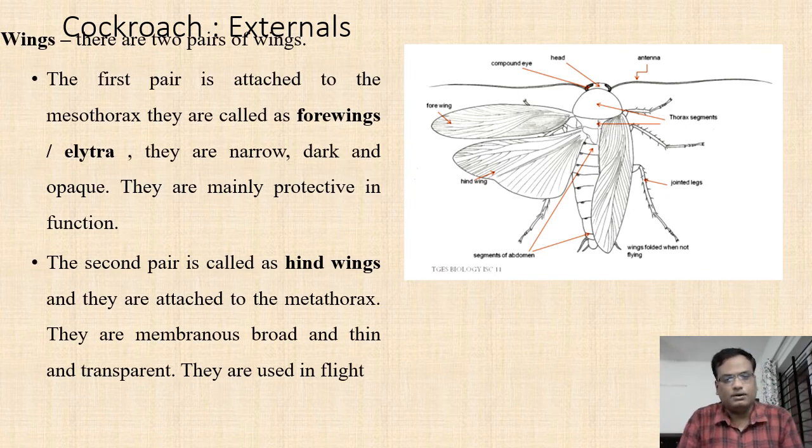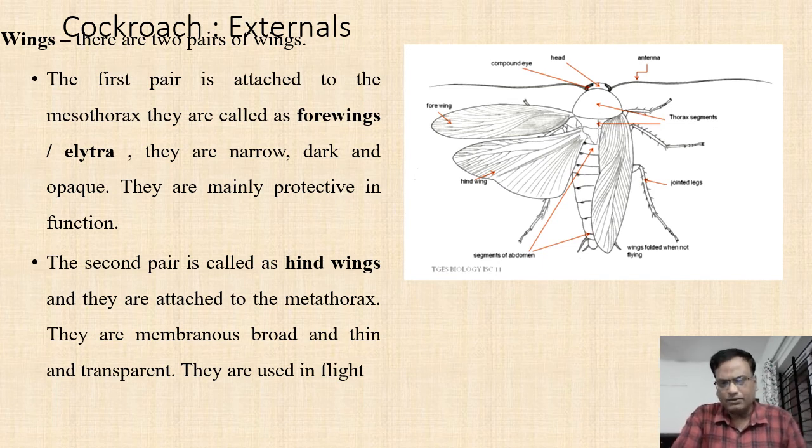And the wings, there are 2 pairs of wings, and the first pair is attached to the mesothorax, that is the second thoracic segment. And the first pair of wings are called forewings or elytra, and they are narrow, dark, and opaque. So comparatively they are very thick, and they are mainly protective in function. So the forewings are not helpful in flying, whereas the second pair are called hind wings, and they are attached to the metathorax, the third thoracic segment.